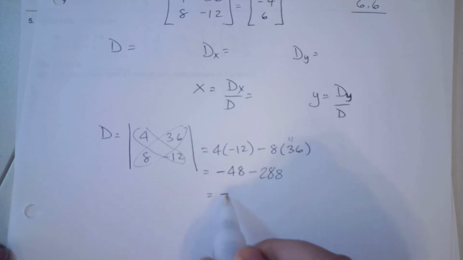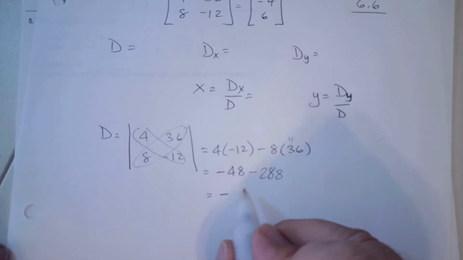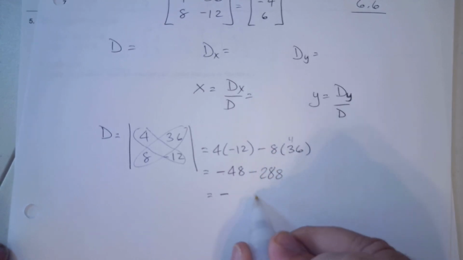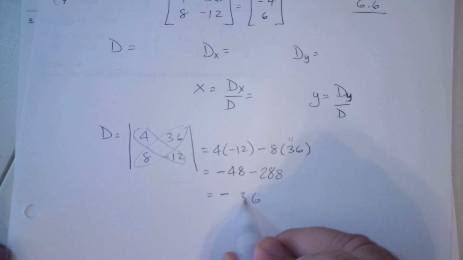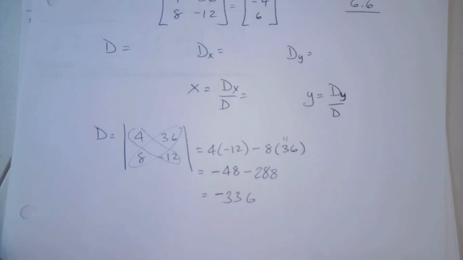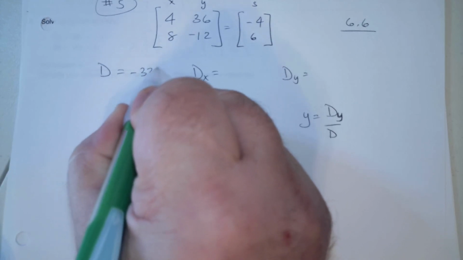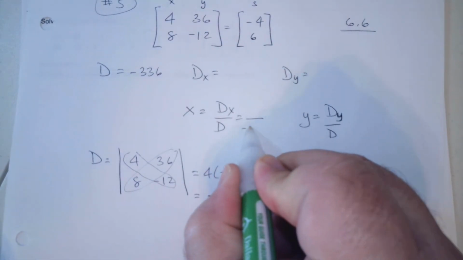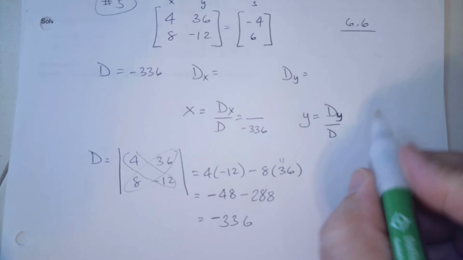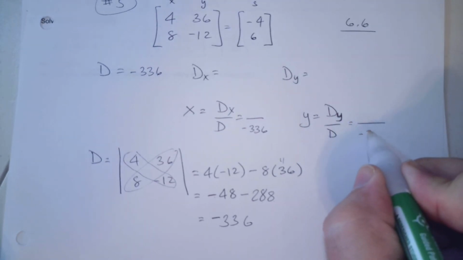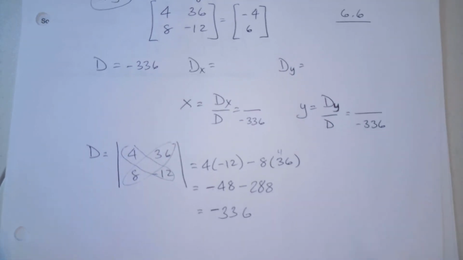They're both negative. 288 plus 48, so it's 336, negative 336. So anywhere I see a D, I put a negative 336.